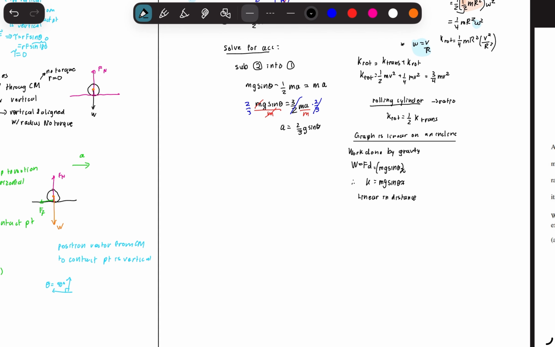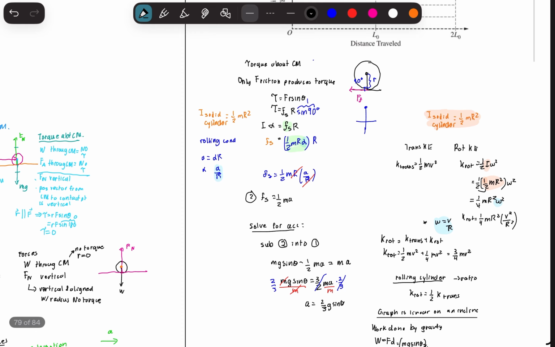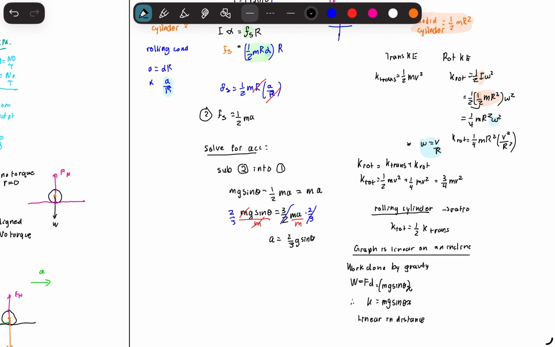We solved these two questions using rotations, but we can also solve them using energy, work energy.